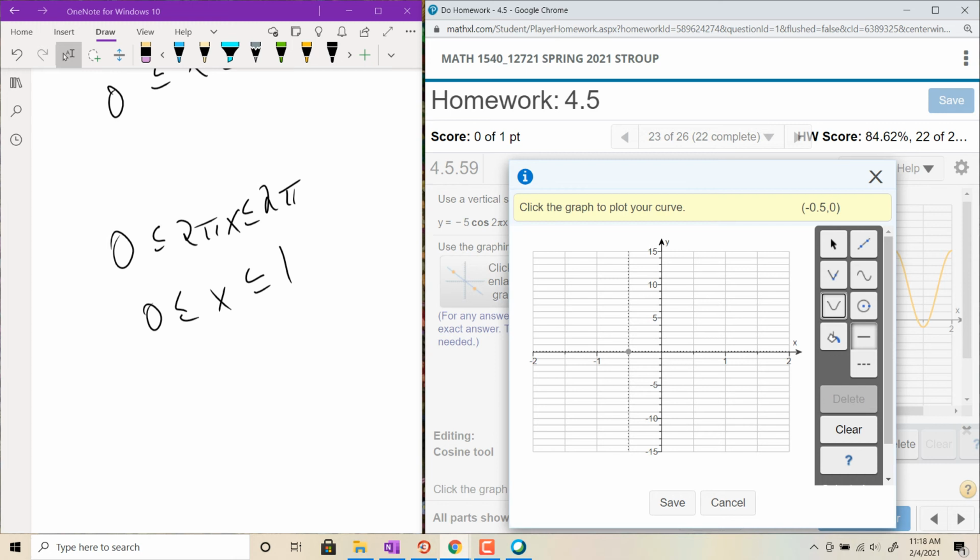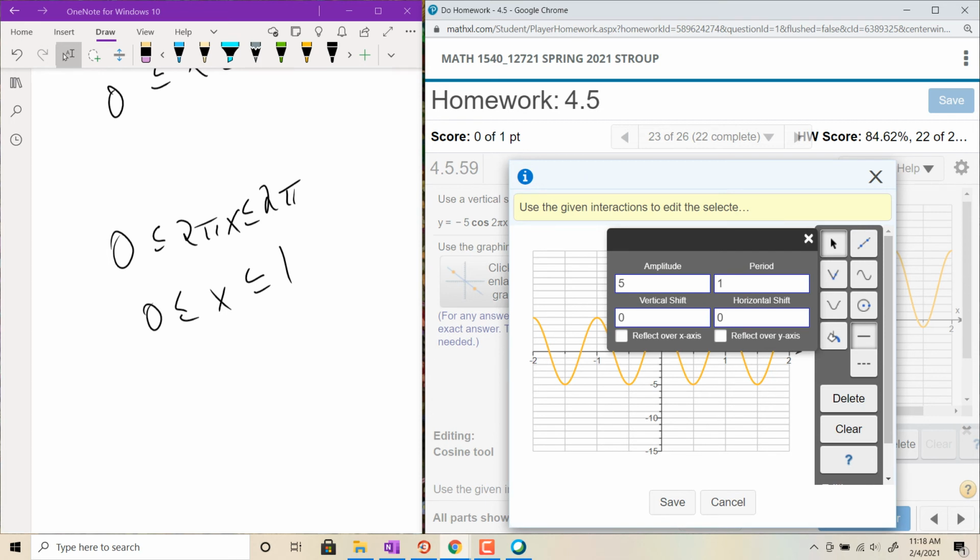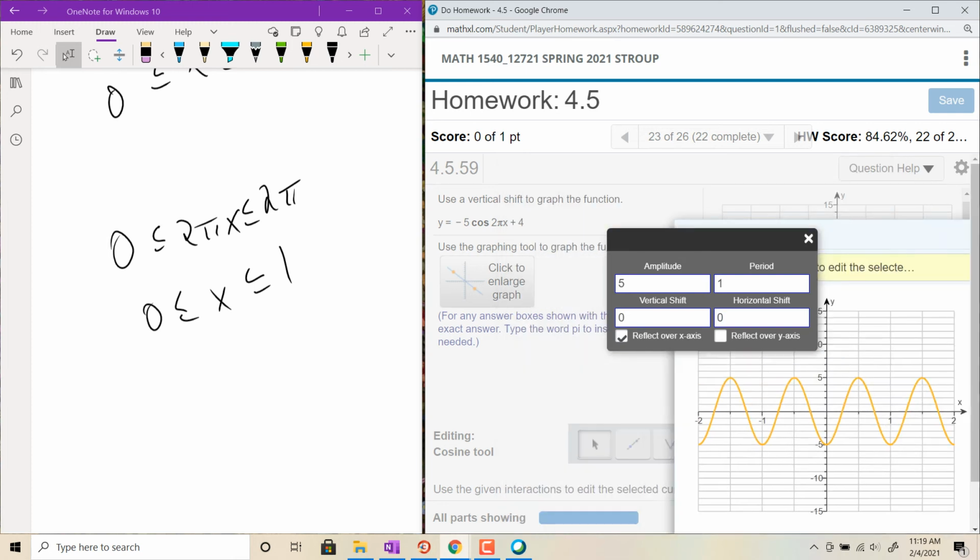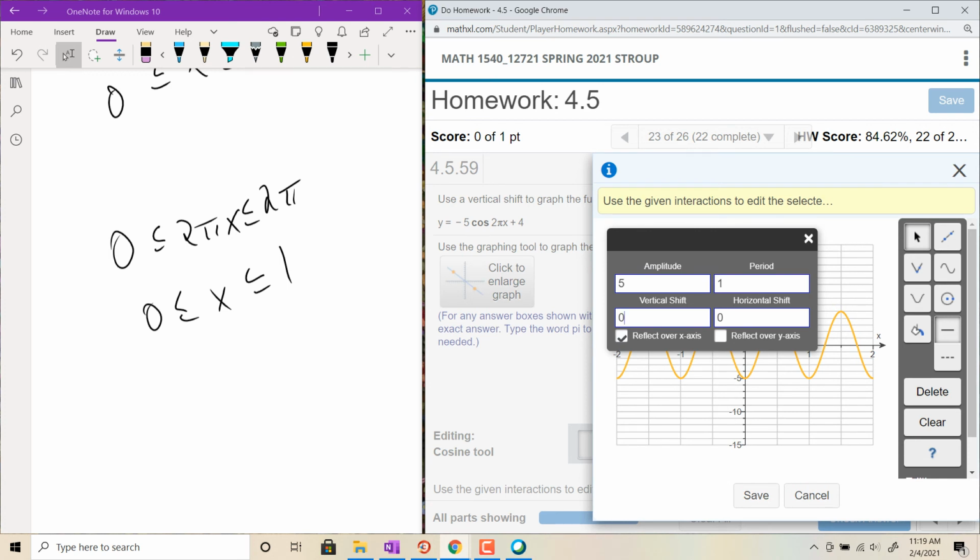It's starting at 0 and going to 1. And the amplitude says -5, so it's down here, I guess. Needs a reflection. The period is 1, so that's right. And then it has a vertical shift. Did I say up 4 last? No, it is up 4.